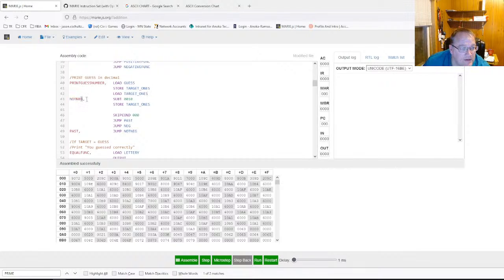Now, you might think that that's a little weird, but the reason I'm doing that is then here I can say not neg. So my not neg will automatically load my target ones.